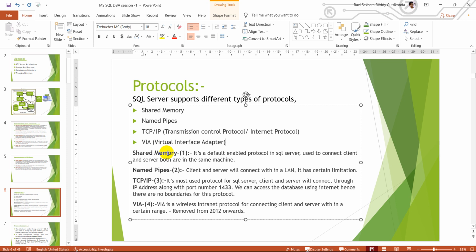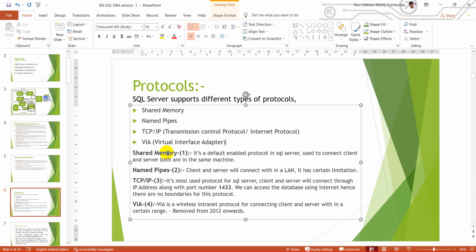Here 1433 is the SQL Server default port number. So wherever we are in the world, we can access the database server or application by using the internet IP address along with the port number. So there are no boundaries for this protocol. We can access the application from anywhere.